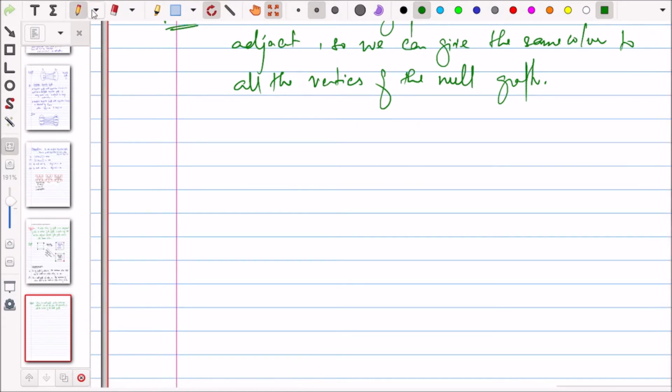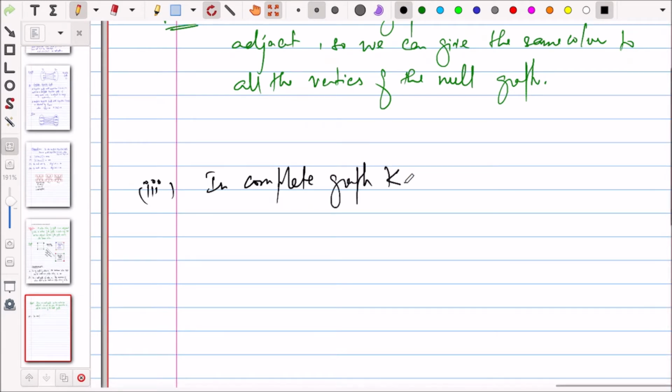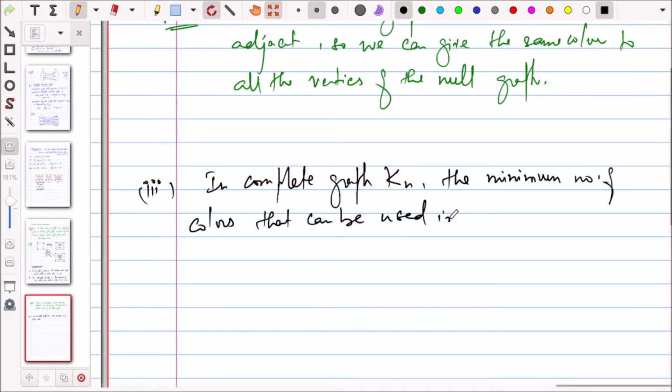Now third, in complete graph Kn, the minimum number of colors that can be used in a proper coloring is कितना होगा?